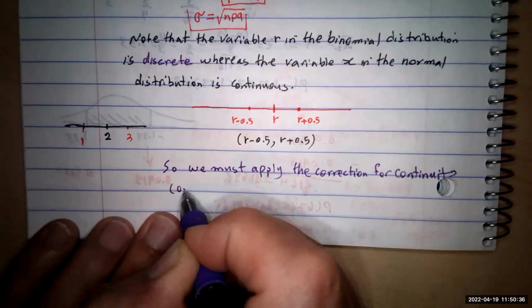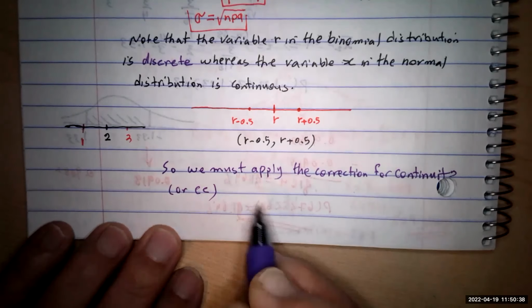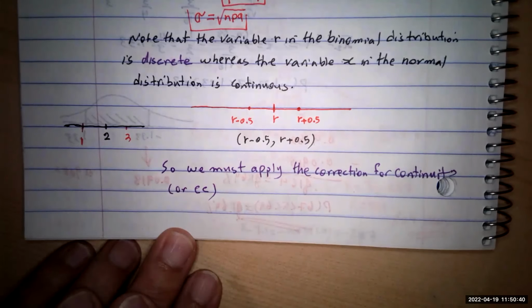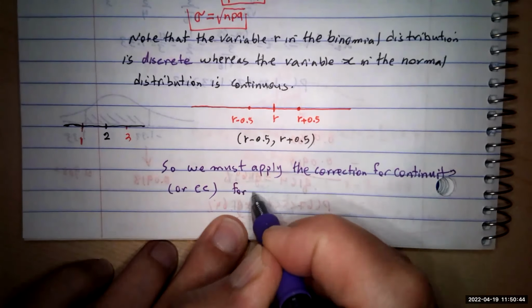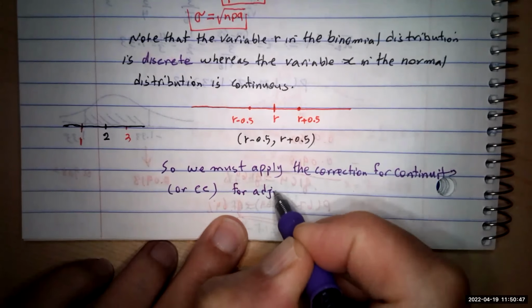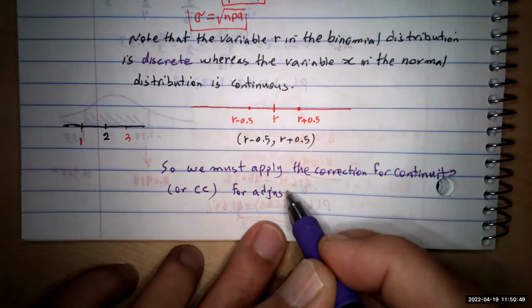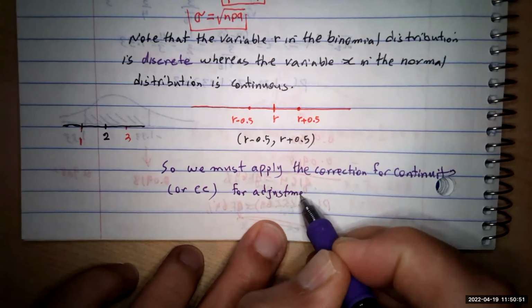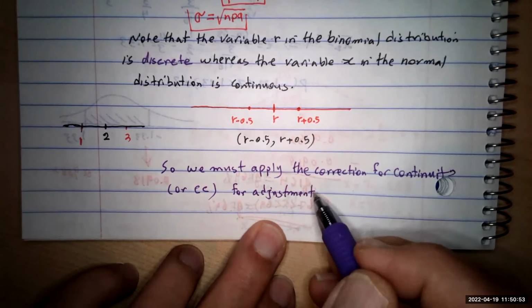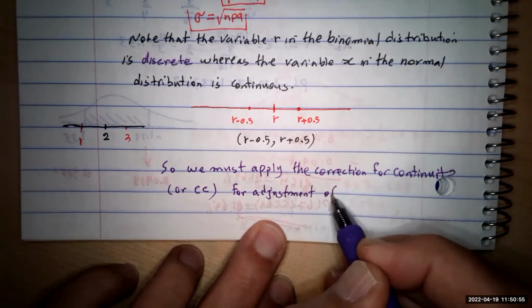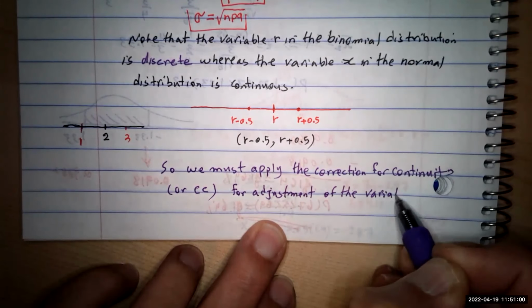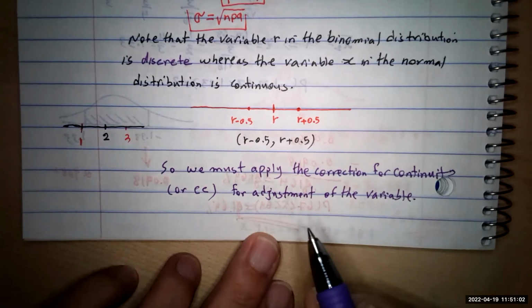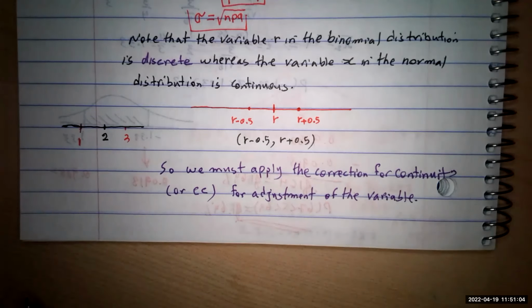I'm going to call it CC, correction for continuity, or adjustment, if you like, of the variable, because you change the variables. You go from discrete numbers to an interval. So this procedure is going to be called correction for continuity.